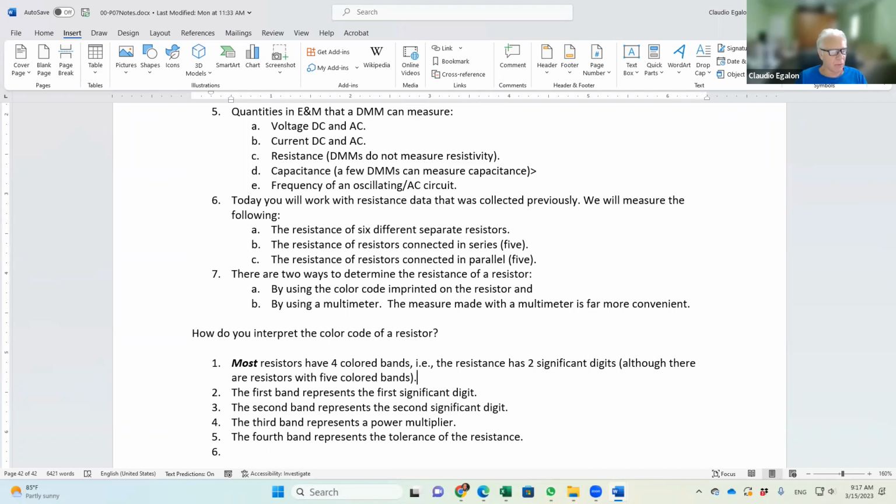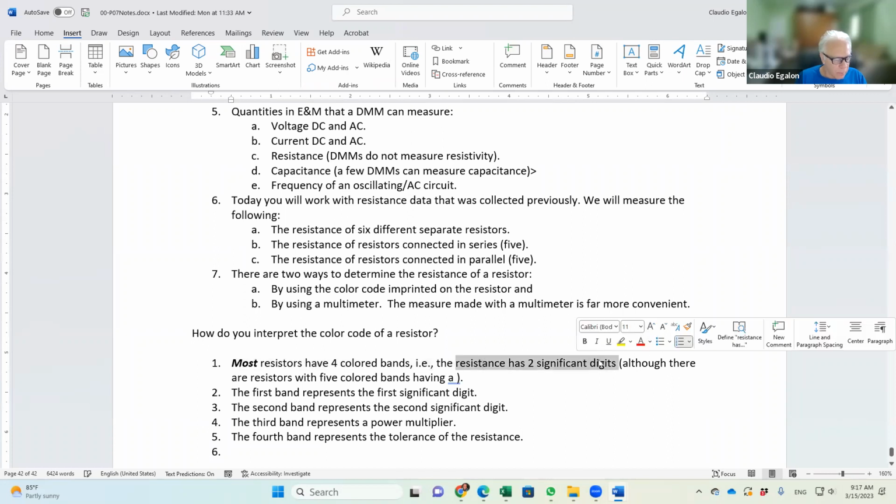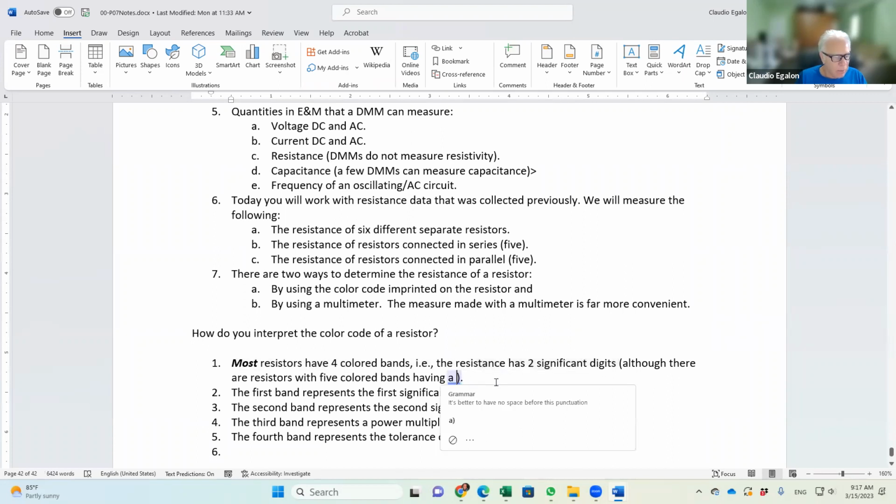Although there are resistors out there with 5 colored bands, having a resistance with 3 significant digits.